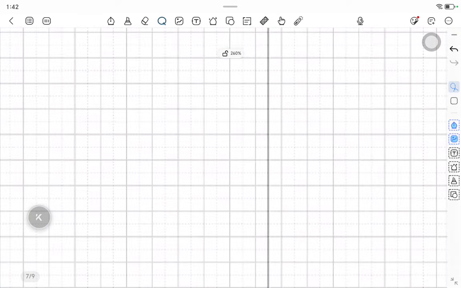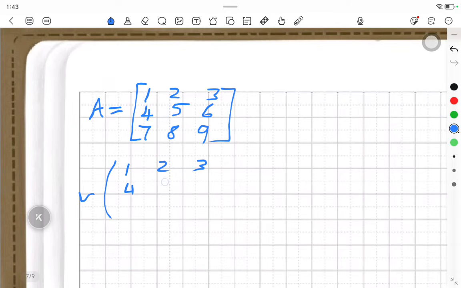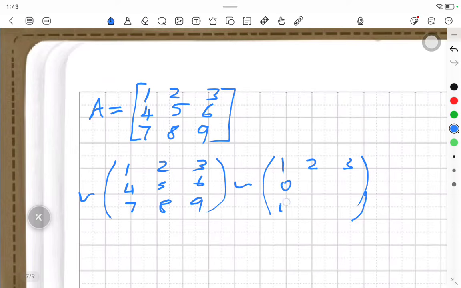But let's reduce this. Let's just reduce this. Want to change this to 0, 0, right? So this is row 2 minus 4 row 1. This is row 3 minus 7 row 1.